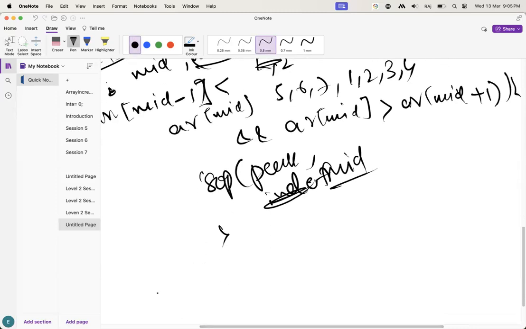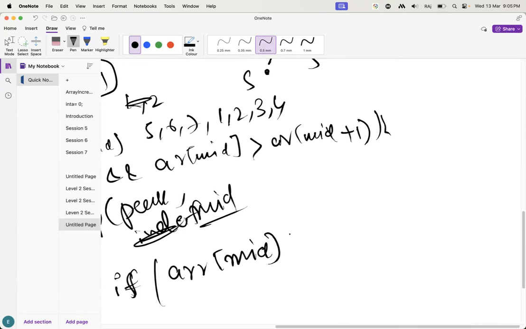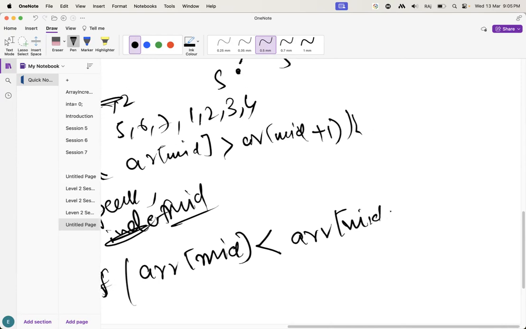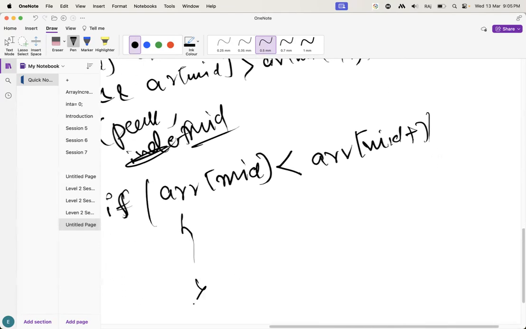What about other cases? Else, suppose array of mid is still smaller than array of mid plus 1. What does it mean?